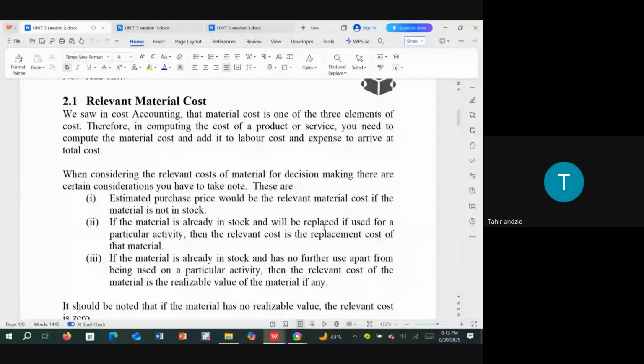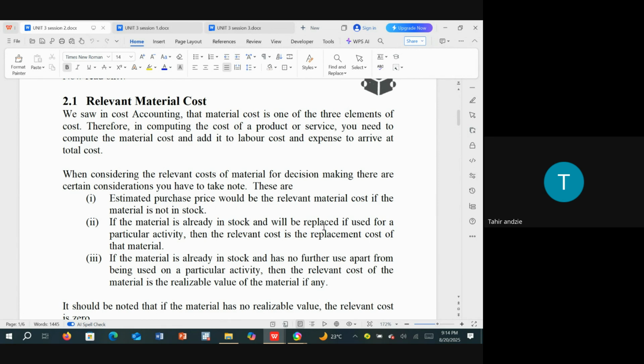So when considering the relevant cost of material for decision making, there are certain conditions or considerations you have to take note of, that will help you identify what material costs are relevant and what material costs are not.